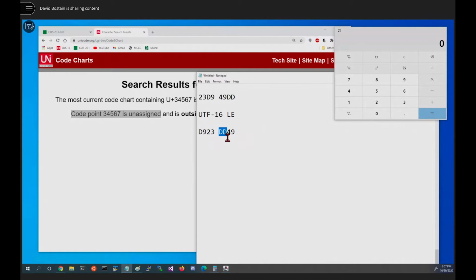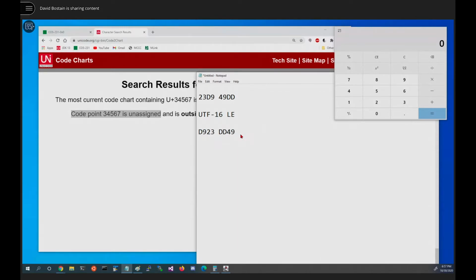Now I would check at this step to make sure that this number is between D8 and DB, and that this number is between DC and DF, because if it's not, there's something invalid going on. This number has to be between D800 and DBFF. This number has to be between DC00 and DFFF. And this passes muster. It's perfectly okay.